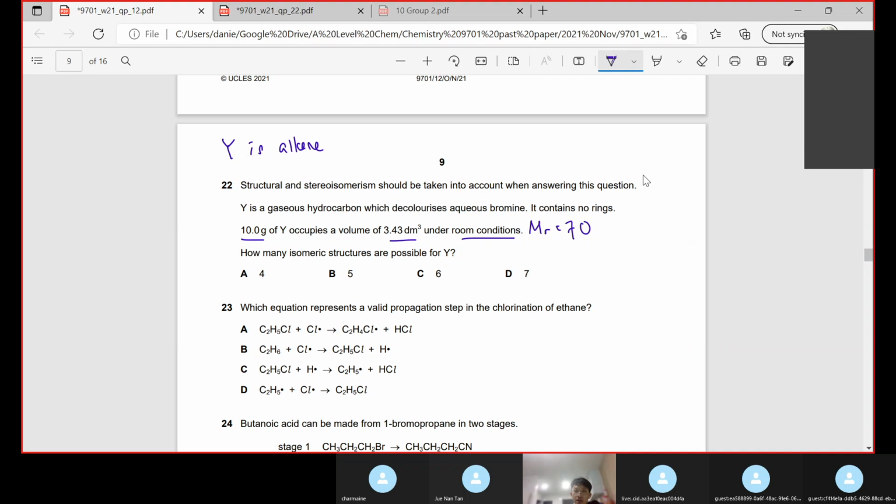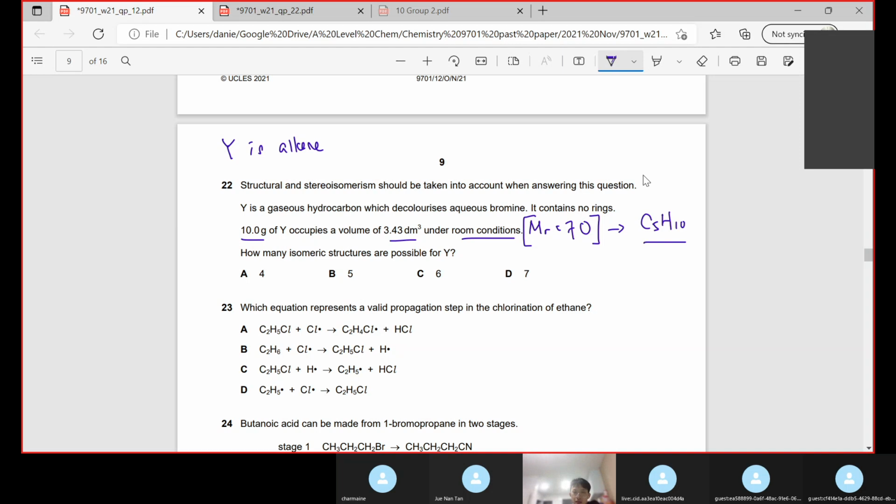This one is very important. You need to get the MR equal to 70, then only you can come out with the molecular formula. At the end, you should get the molecular formula C5H10.